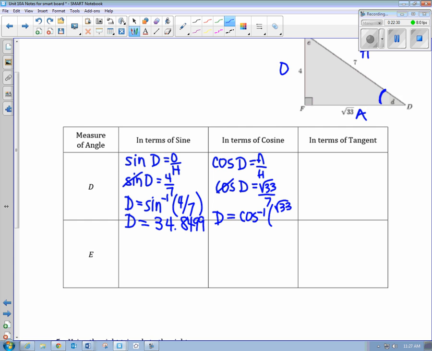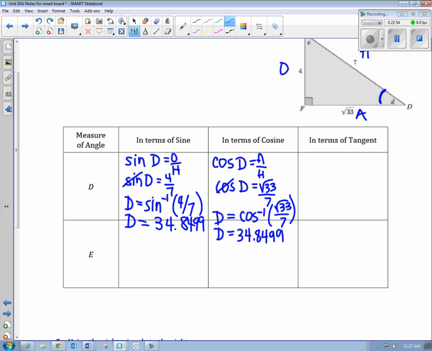And I am typing in on my calculator second cosine radical 33, close your parentheses if you need to, divided by 7. And I end up with D being 34.8499. Again, I'm rounding that.